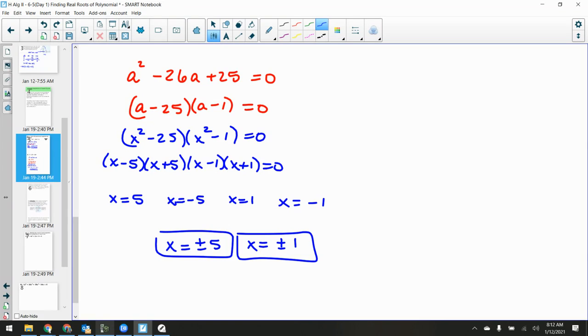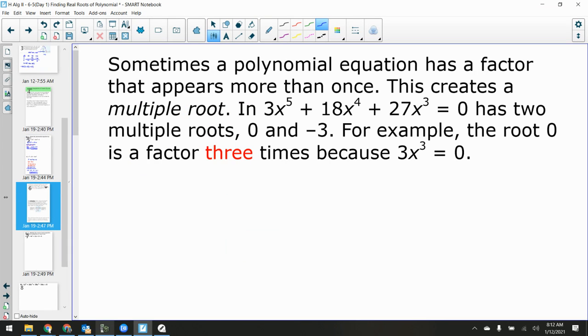Okay, next thing here. Sometimes a polynomial equation has a factor that appears more than once. This creates what's called a multiple root. Take, for example, 3x to the 5th plus 18x to the 4th plus 27x to the 3rd. It has 2 what are called multiple roots. Let me show you what I mean here.